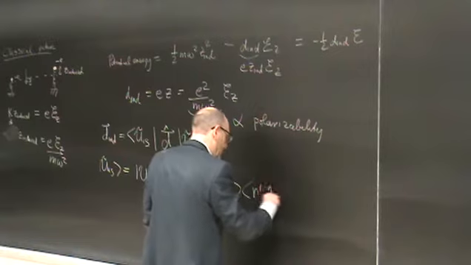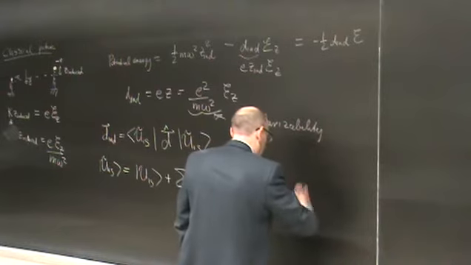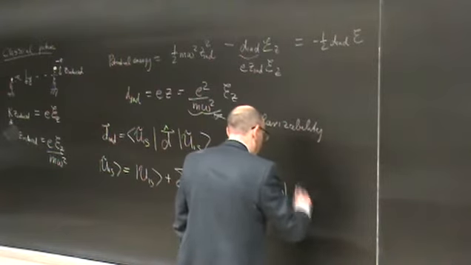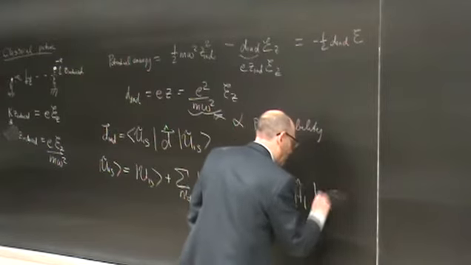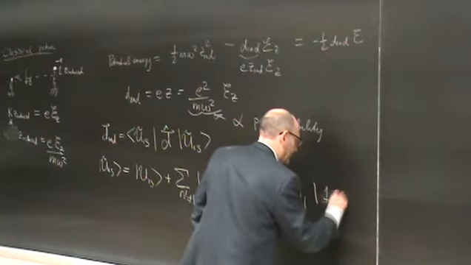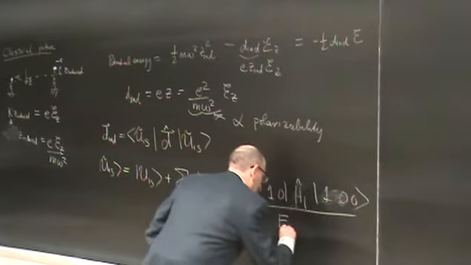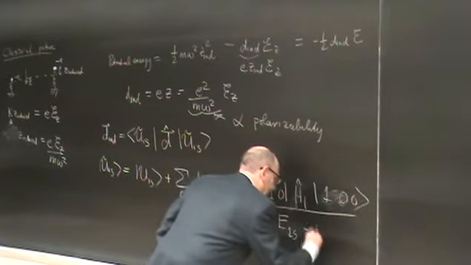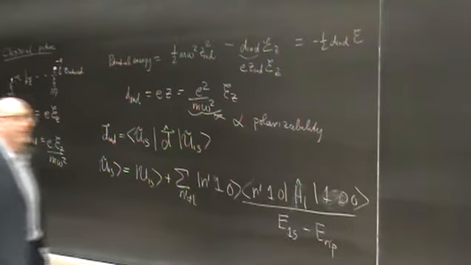n prime 1 0 0, times H1 and, sorry, 1 0 0, divided by E1 minus E n prime. Right?